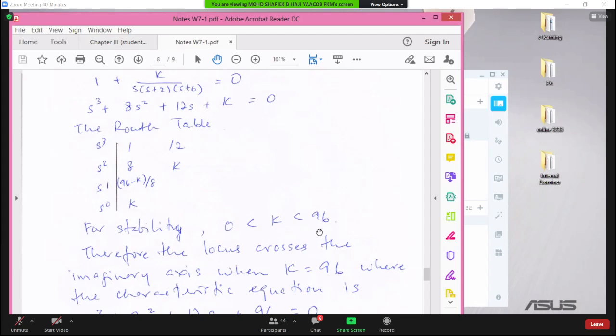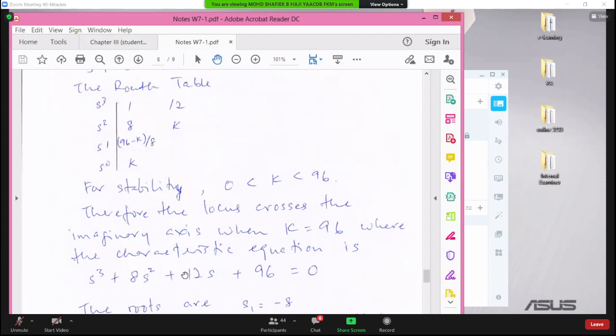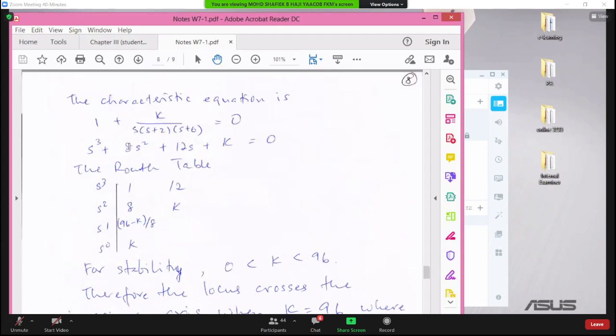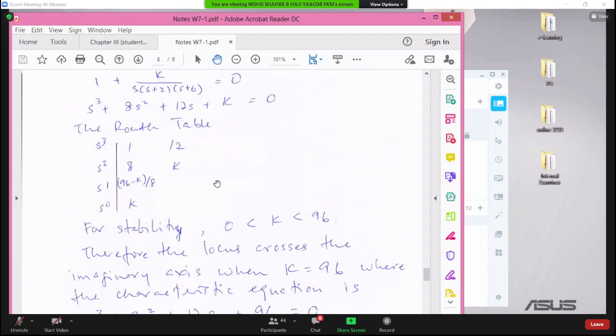When k is equal to 96, we have our system to be marginally stable. We know that when k is equal to 96, our locus is exactly on the imaginary axis. So you substitute k equal to 96 back into the characteristic equation and solve for the roots.